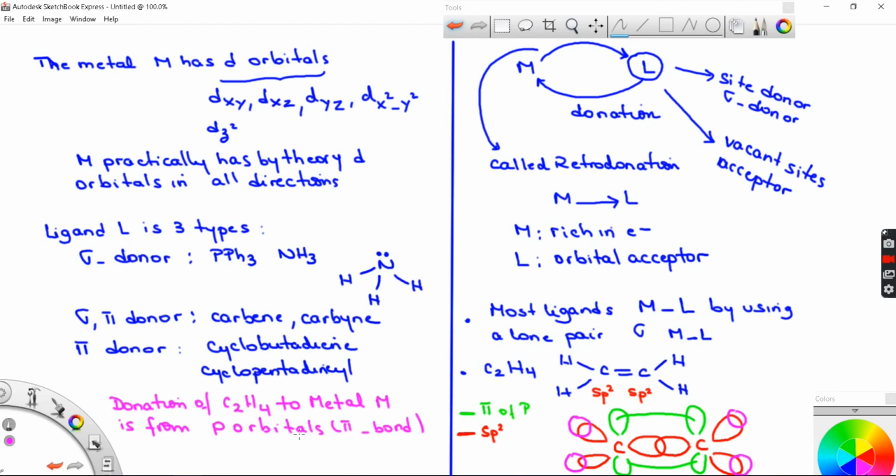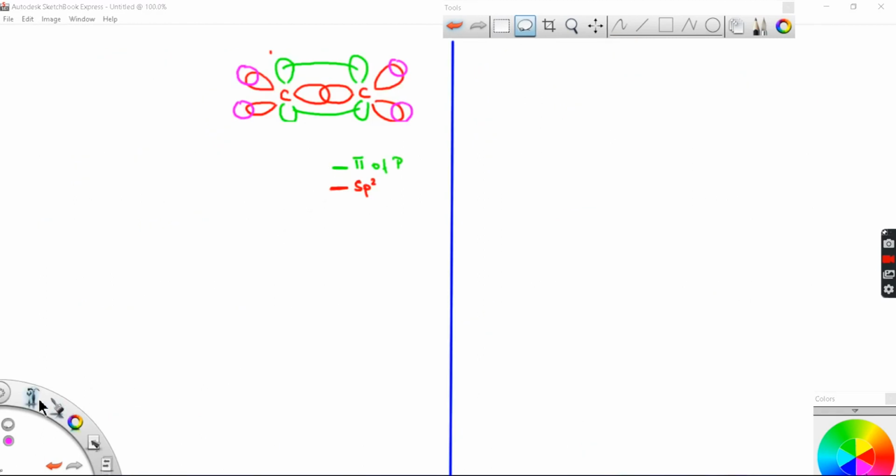And if the donation is along d orbitals overlapping, the bond is a pi bond. I will draw two examples of the donation of C2H4 to the metal M. The metal M has orbitals in all directions.